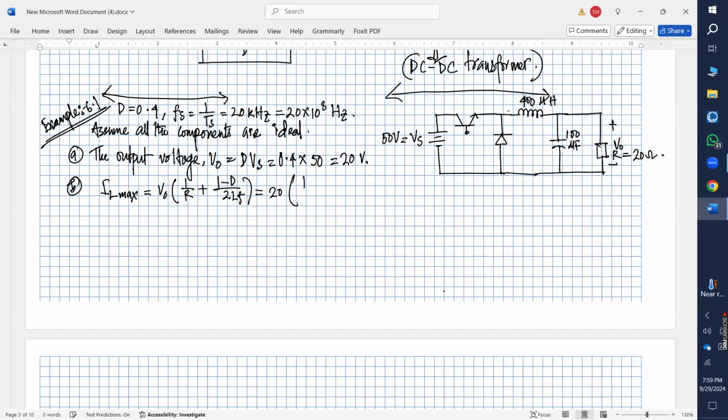Then 1 over R, so your resistance value is 20 ohms, plus 1 minus D, so 1 minus 0.4, divided by 2 multiplied by your L value, 400 multiplied by 10 to the power minus 6, and your frequency, 20 multiplied by 10 to the power 3. So what should be your IL max? Can you calculate this value?